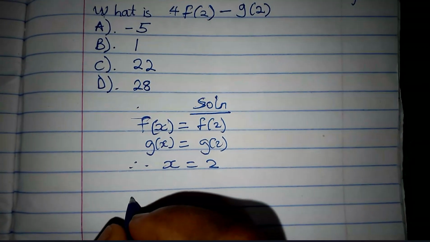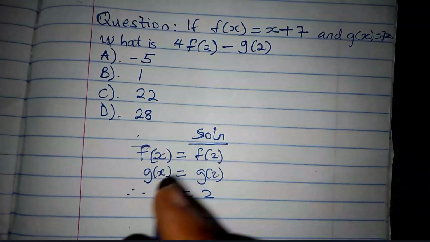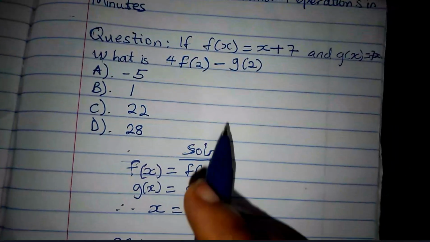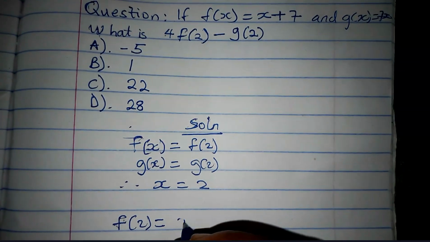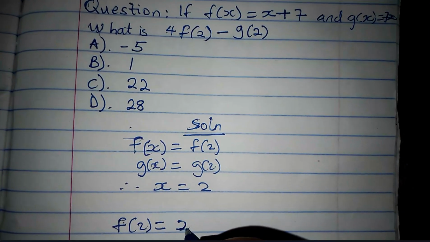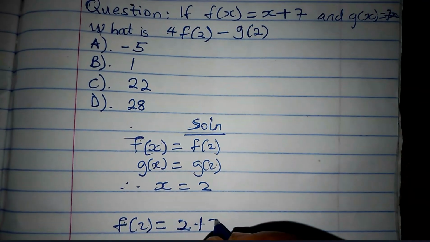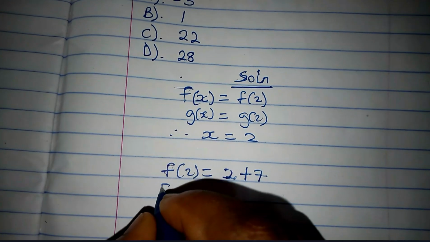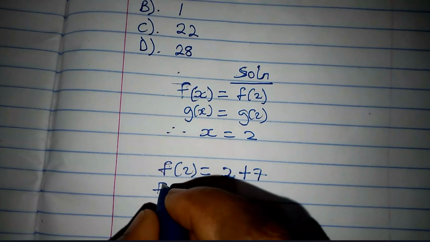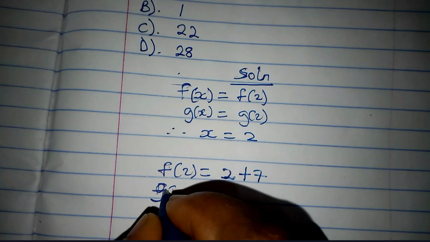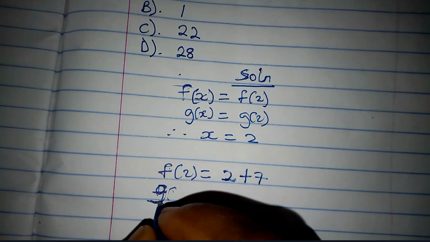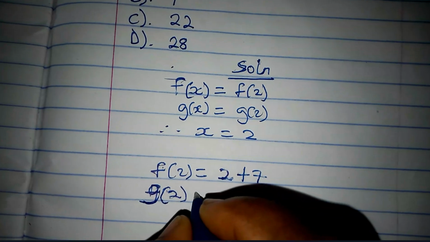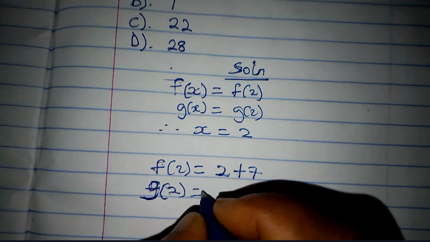So if f(x) is equal to that, then what is f(2)? x plus 7, that's 2 plus 7, because we replace the x with 2. The next thing we're going to do is g(2).